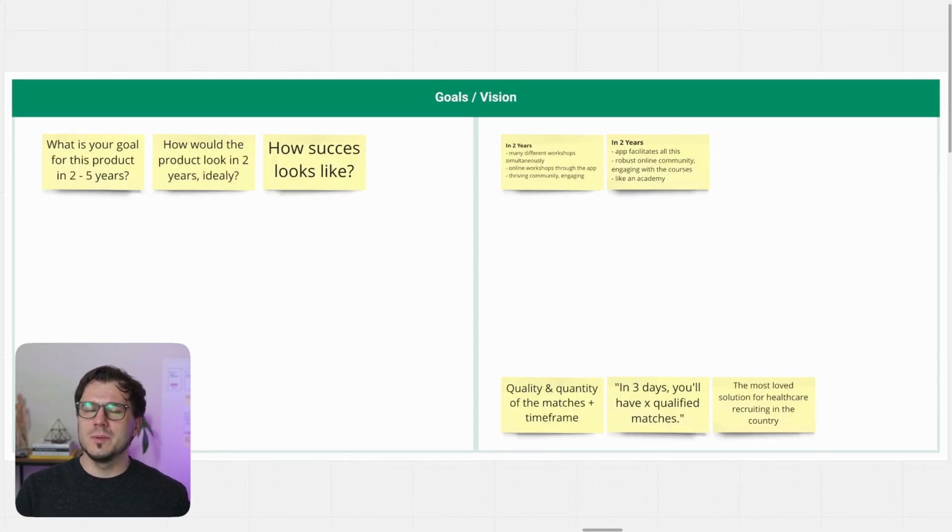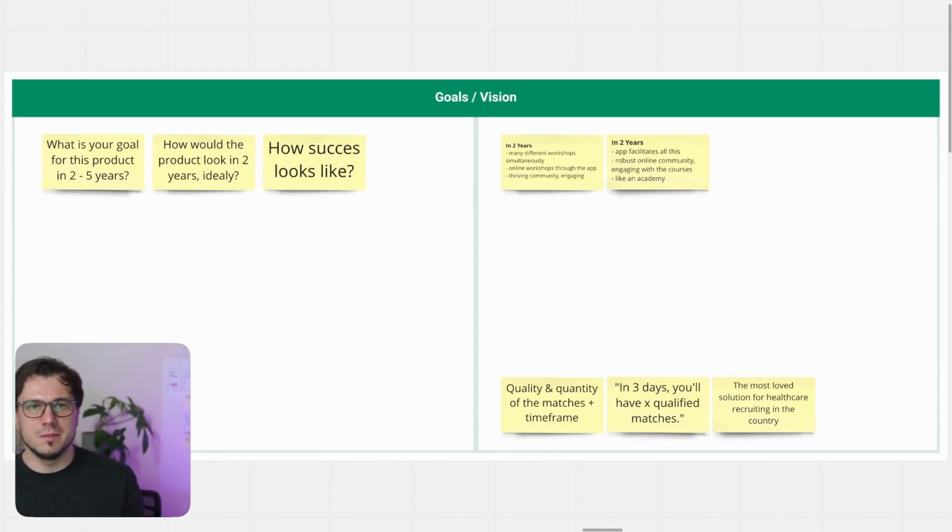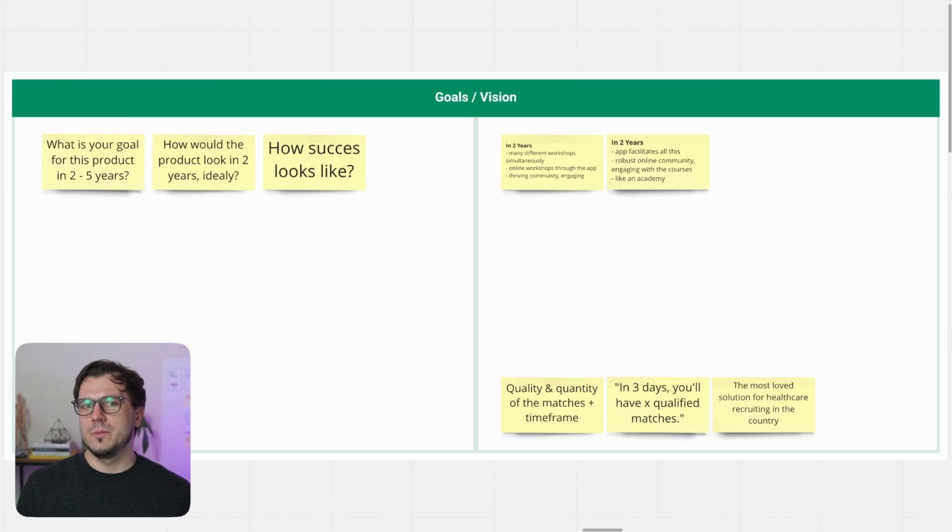Then, tied in a way to why they want to solve this challenge and why they want to build this company and how they see the future, is the goals and vision discussion, to get an understanding of where they see this going, what their goal is in like 2-5 years from now, and what success would look like for them. And you can see there are a couple of examples again on the screen.